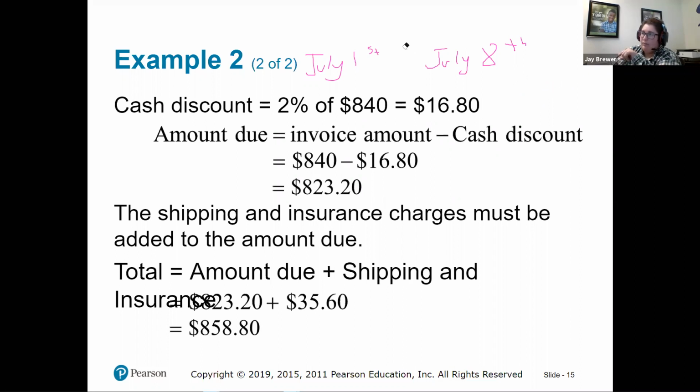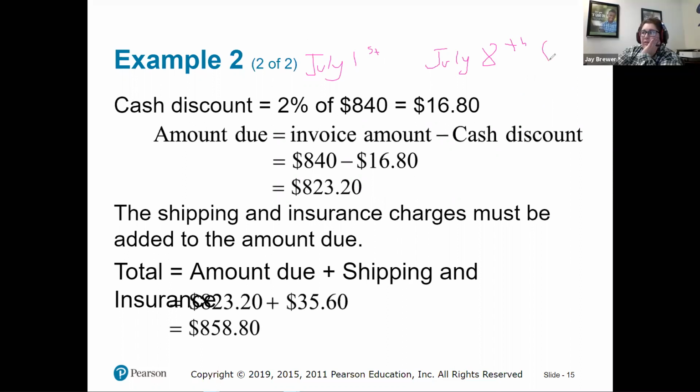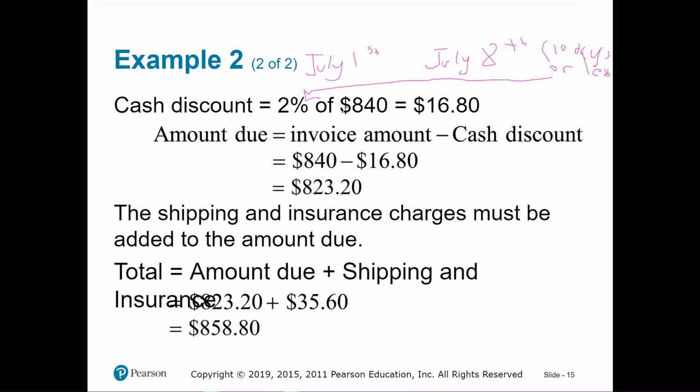So because they paid within the 10 days, so 10 days or less, they now get the 2% off. Okay. All right. So then they figured out what 2% of 840 was and they subtracted it.